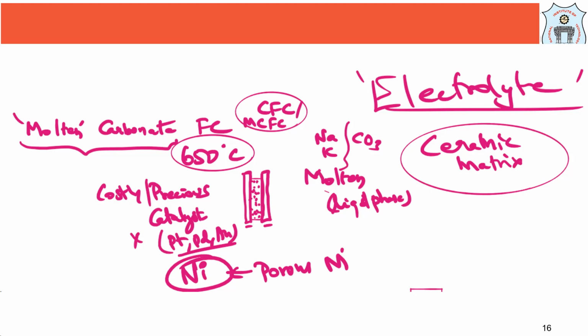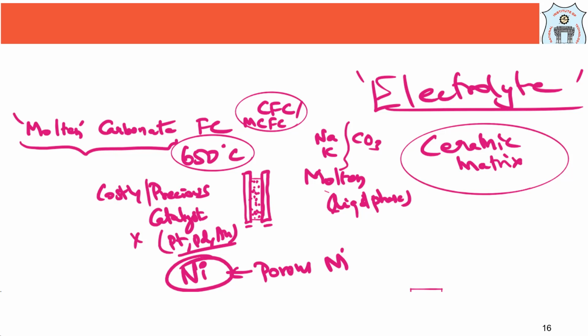So carbonates of sodium or potassium can be used as the electrolyte. They are all in molten carbonate form. When I say molten carbonate, because the operating temperature is around 600 degrees Celsius on average, this carbonate salt will be in the liquid phase.